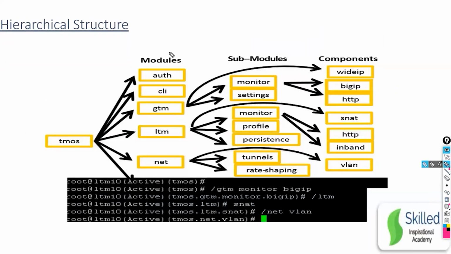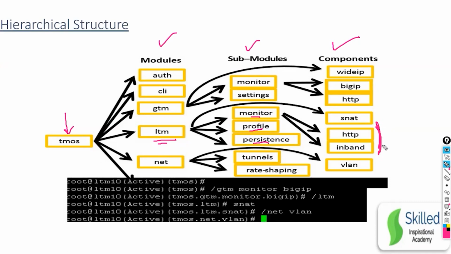If you remember this, guys, you will understand all your CLI. By default, you are into TMOS mode. After TMOS mode, let's say I want to see all commands related to LTM. You will enter LTM. Then in LTM, you have monitors, profiles, persistence. Those are called submodules. And after that, monitor also has its subcomponents.